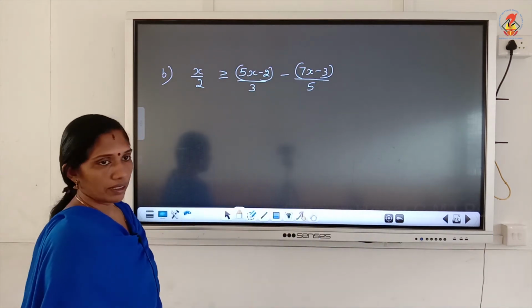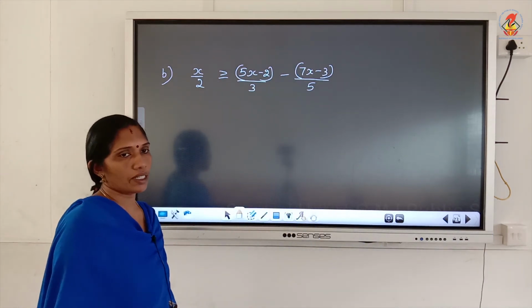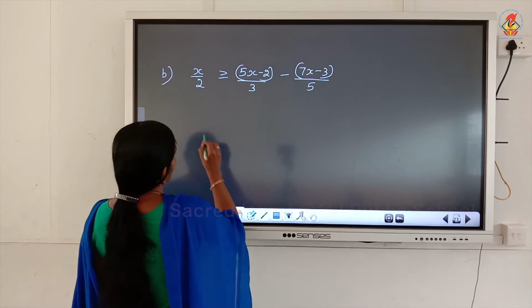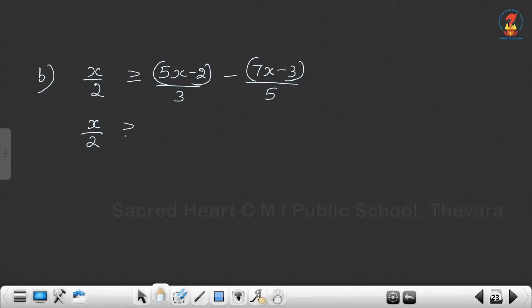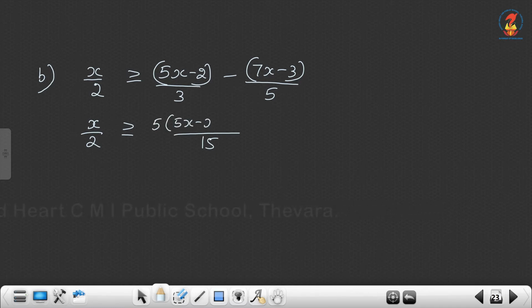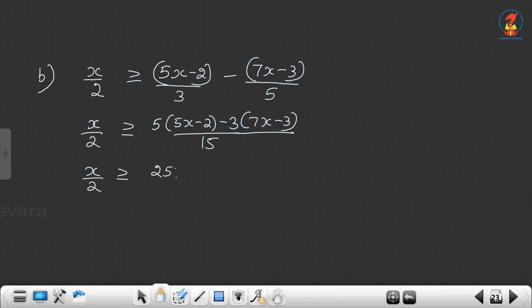The next one, again find the solution, then represent on the number line. So x/2, the right hand side we can simplify: 15, 5 into (5x − 2) minus 3 into (7x − 3). Or x/2 ≥ (25x − 10 − 21x + 9)/15.